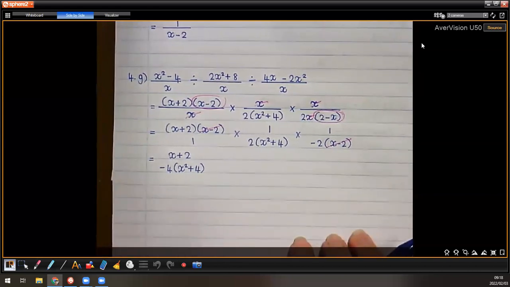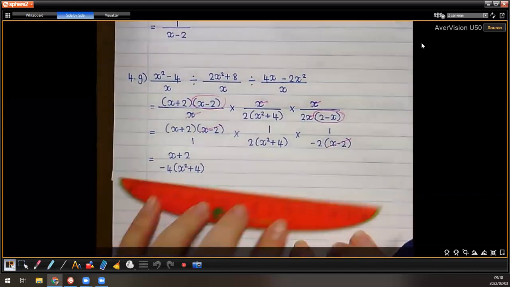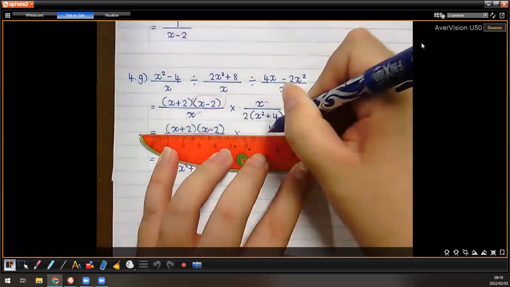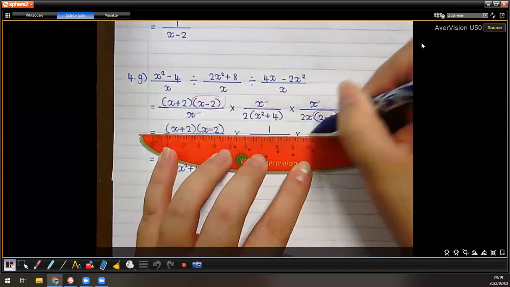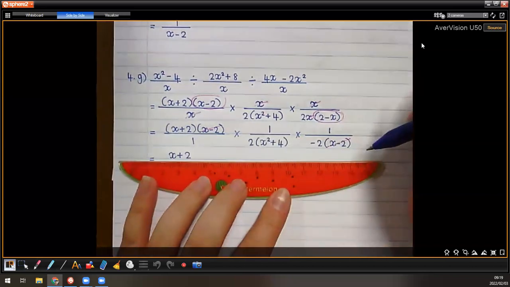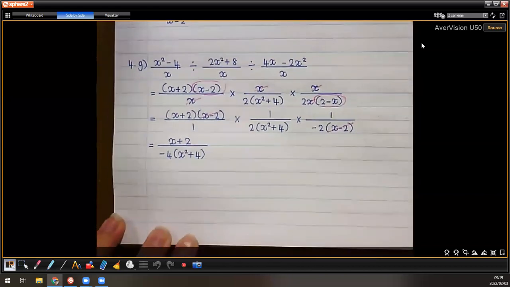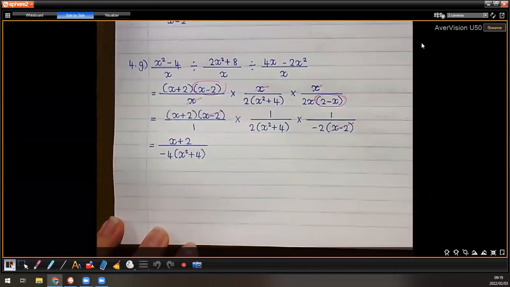But it's up to you. You can also just leave it like this, guys. That's fine. You'll get 2 marks for that. Okay, so not a beautiful answer, but a simplified answer at least.